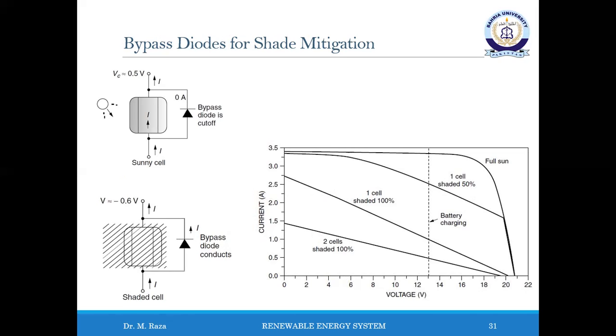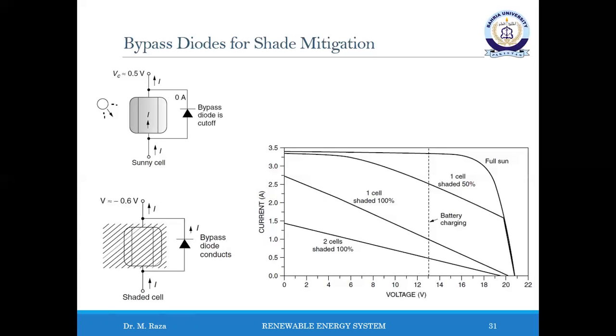These diodes don't have much impact on the shading problem of a single module, but they can be very important when a number of modules are connected in series. Just as cells are wired in series to increase module voltage, modules can be wired in series to increase array voltage.